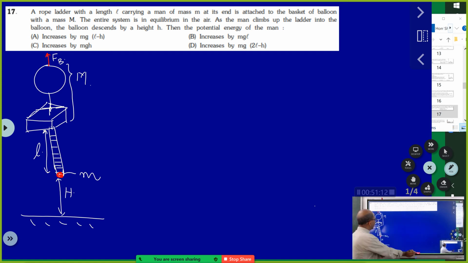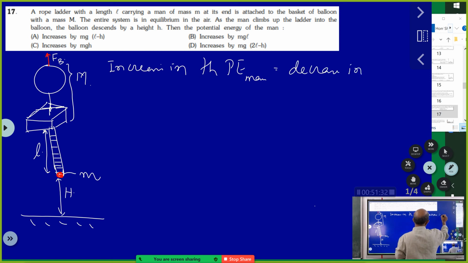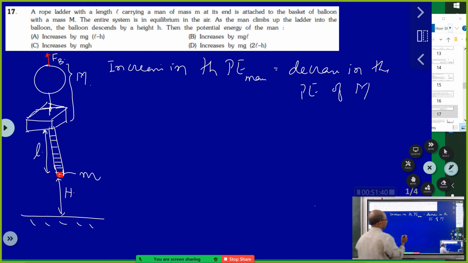The increase in the potential energy of the man is equal to what? The decrease in the potential energy of M, isn't it? Increase in the potential of the man is equal to decrease in the potential energy of the whole system. The system will come down. That is what will happen.